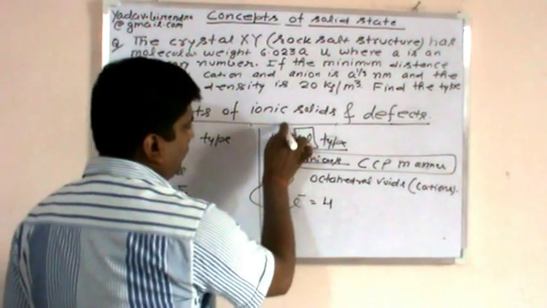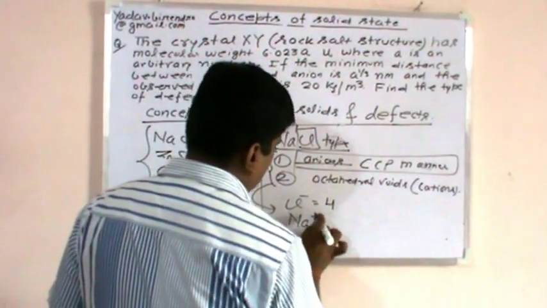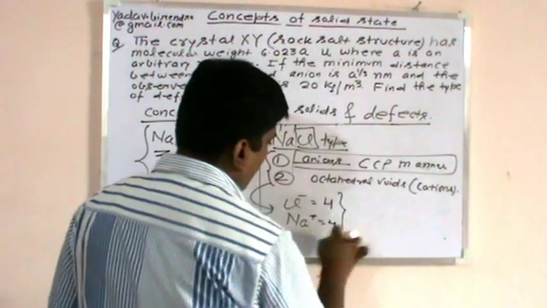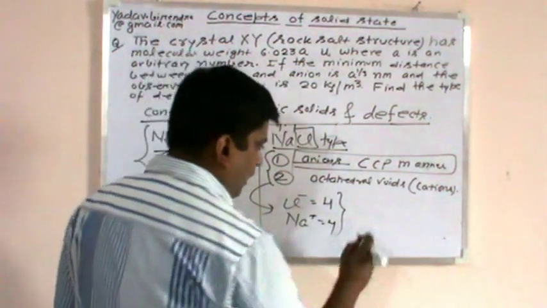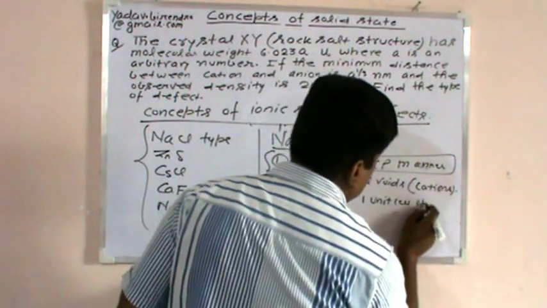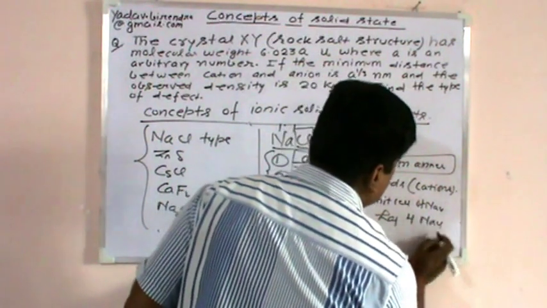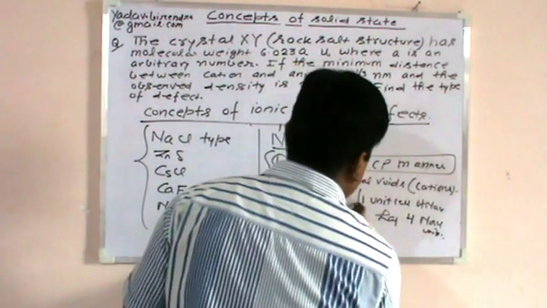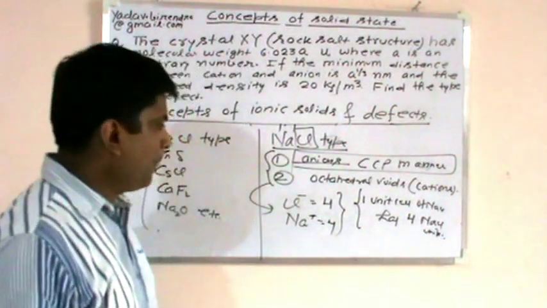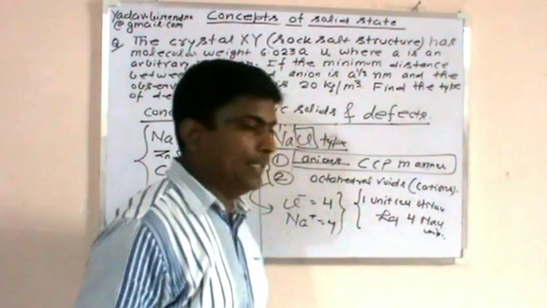And since the ratio is 1:1, the effective number of cations is also 4. On this basis, we can say one unit cell of NaCl has 4 NaCl units. A very important conclusion. One unit cell of NaCl has 4 NaCl units.